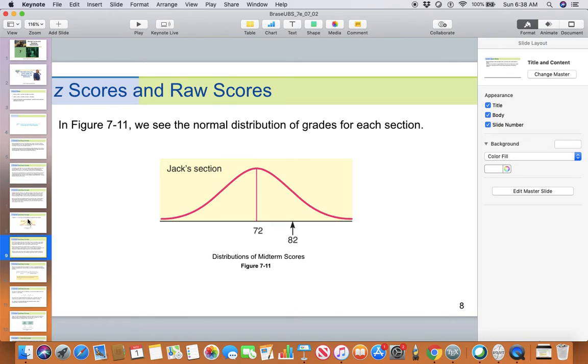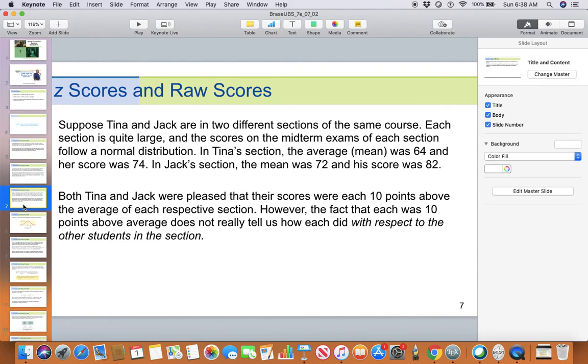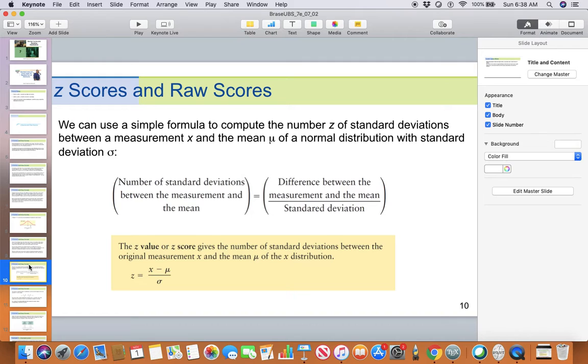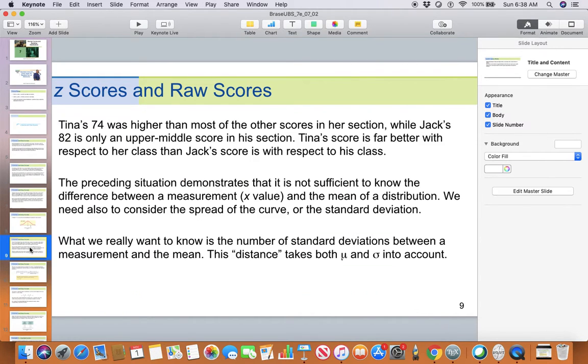Well, they have failed to explain to us what the standard deviation is. All right. So here they need to tell you the standard deviation. So basically, the standard deviation explains the spread of your scores.